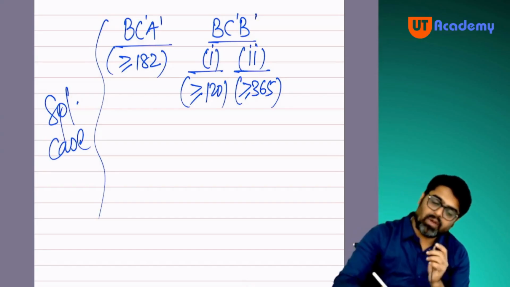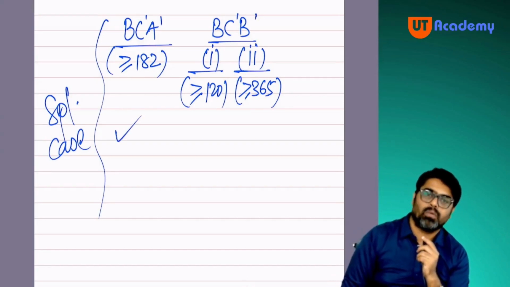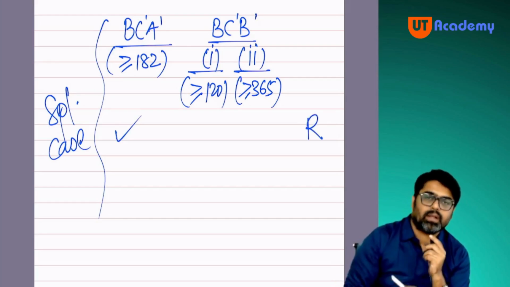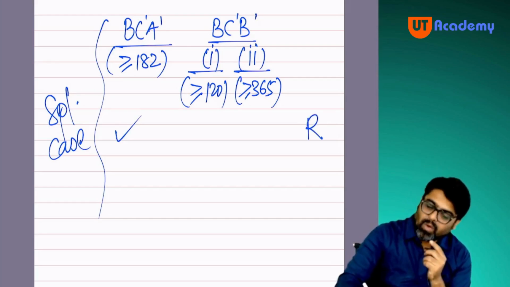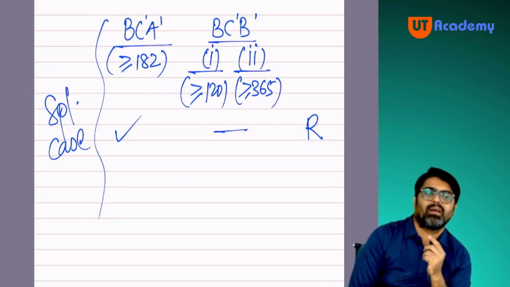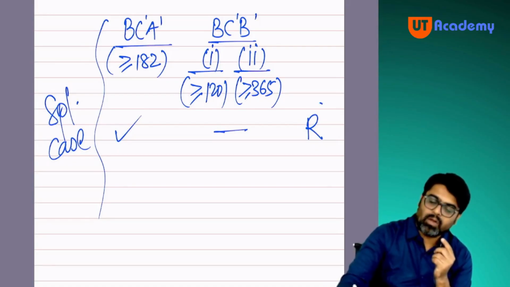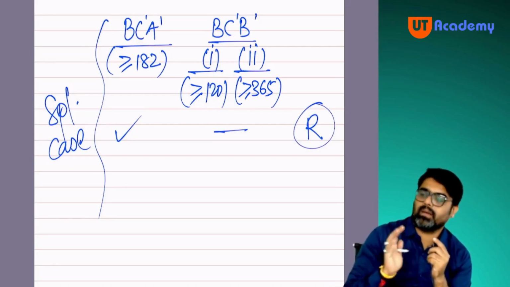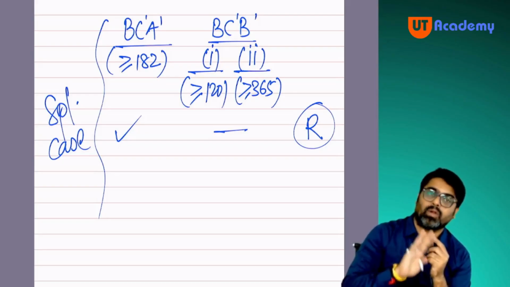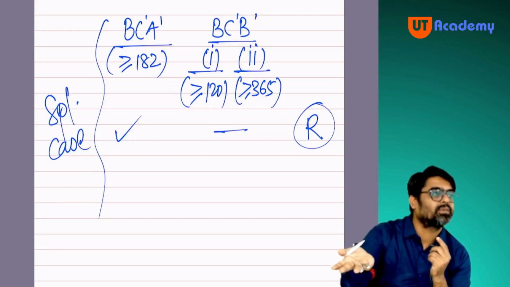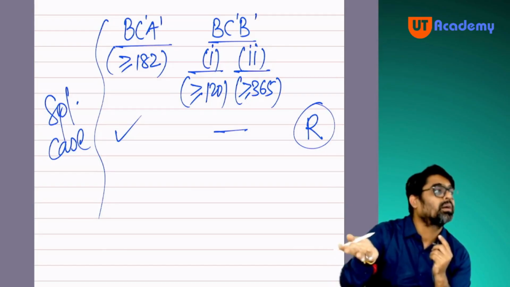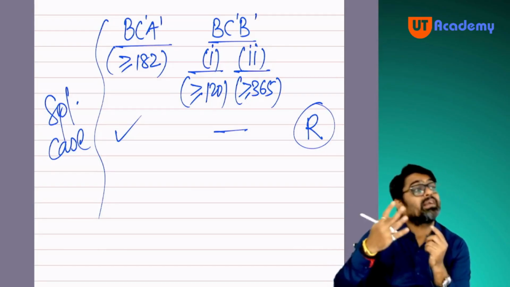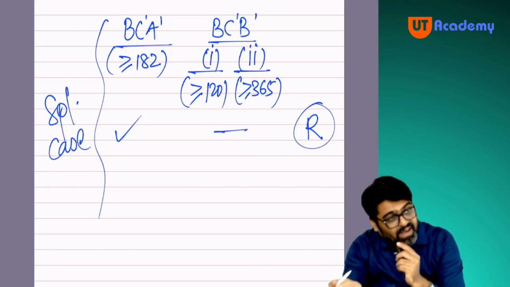If your stay is 182 days or more, what do you become? Resident. Then don't check basic condition B. You will become a resident by satisfying basic condition A.